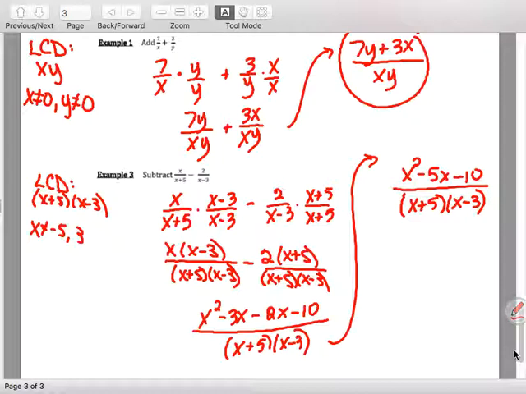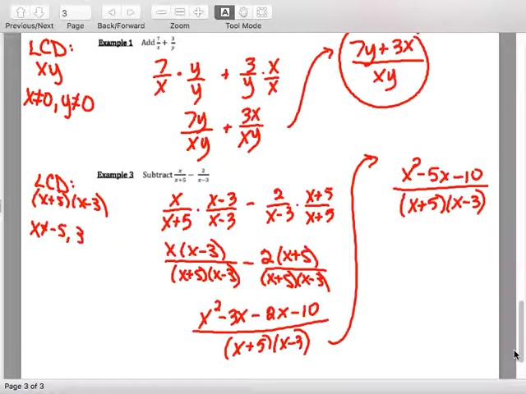Now you want to do what I like to call forward mental thinking. Before you start writing, I want you to think, can you think of two numbers that multiply to negative 10 but add to negative 5? Well, you've got 1 and 10, 2 and 5. Is there any way 1 and 10 can add up to a negative 5?